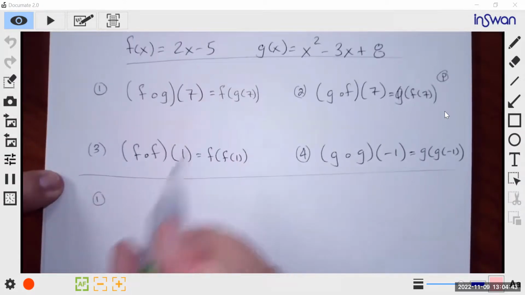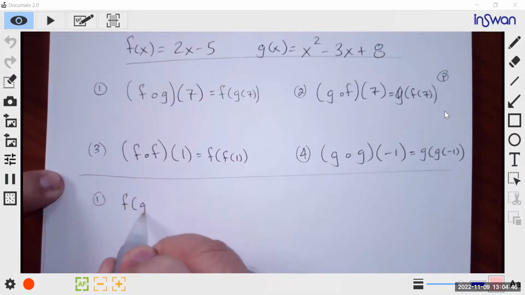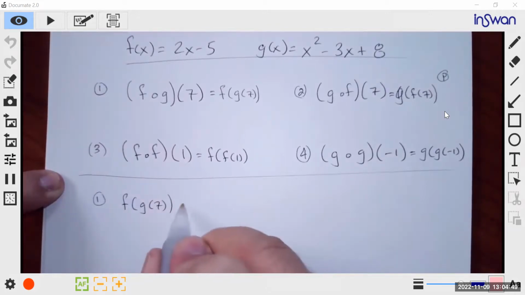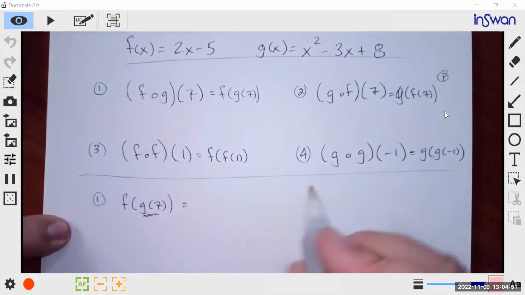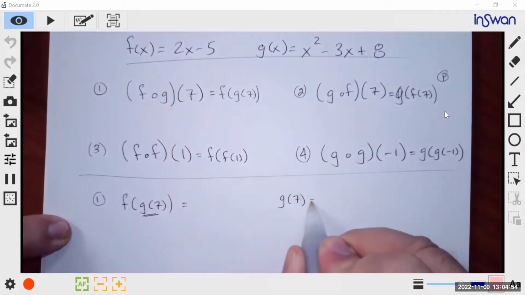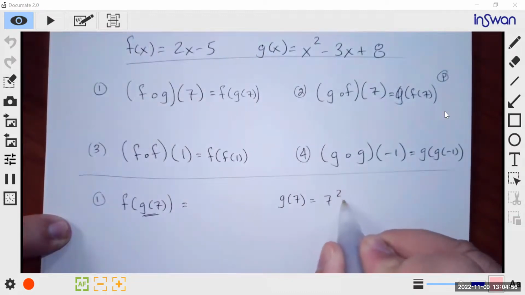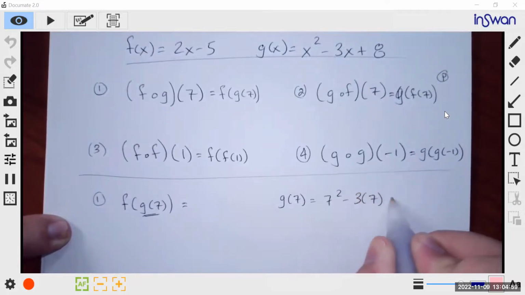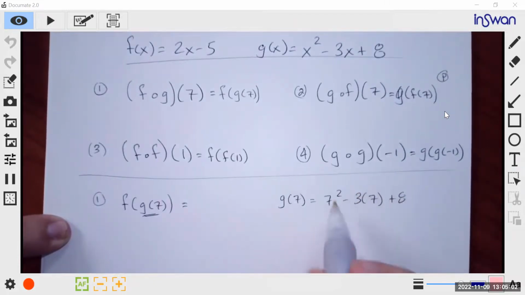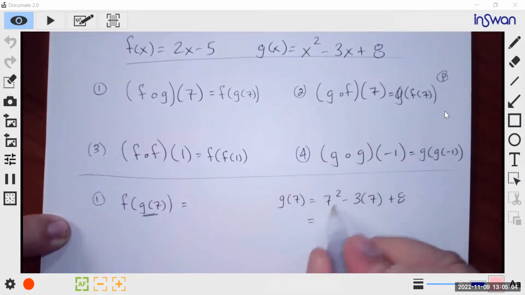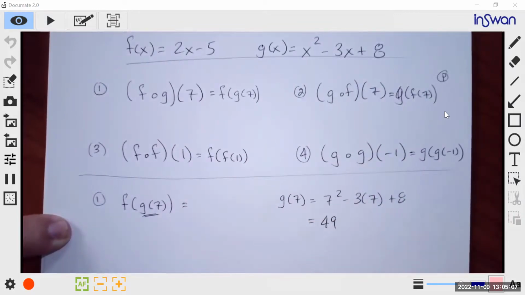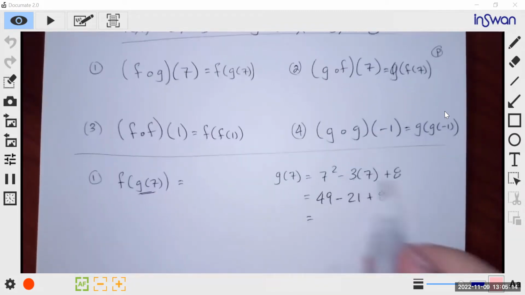So the first one, we have f of g of 7. We first have to find g of 7. Anywhere I see an x in g, we put a 7. 7 squared is 49. 3 times 7 is 21. 49 minus 21 is 28.